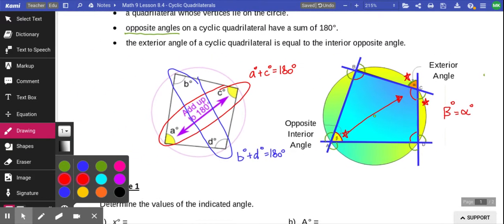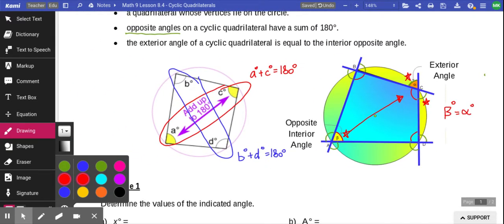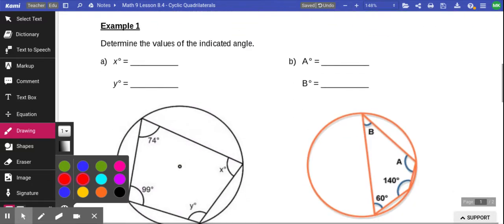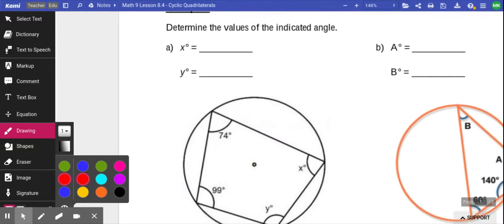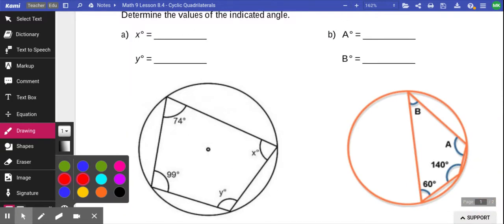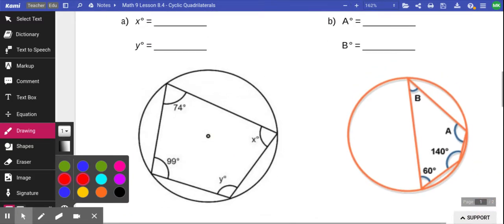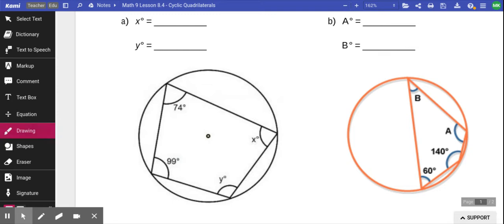Perfect. Basically, all we're going to do now is apply those two rules to a bunch of questions so you can see how they work. Look at this first question. We're going to try to find angle X and angle Y. The best rule to use, I think, or the easiest one to use, is that opposite angles must add to be 180. So if I look here, that's an opposite set of angles.